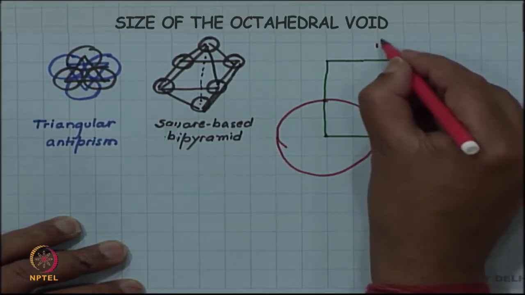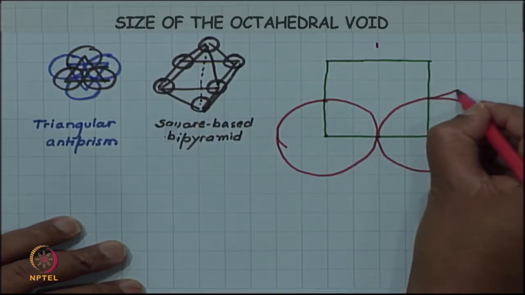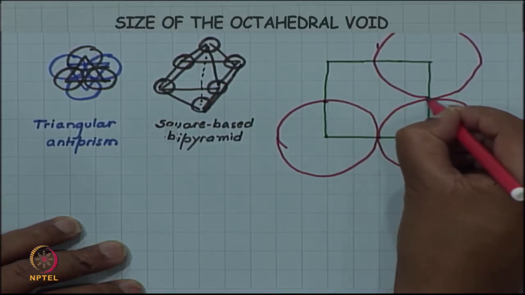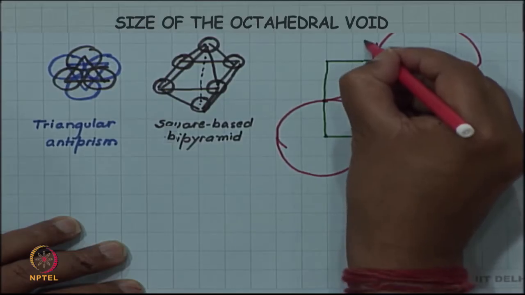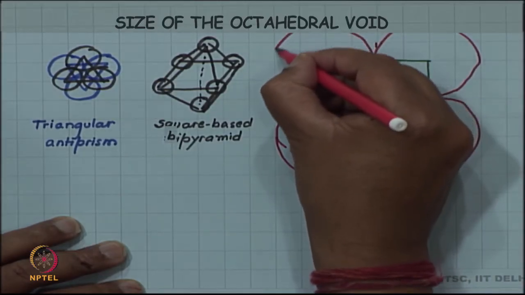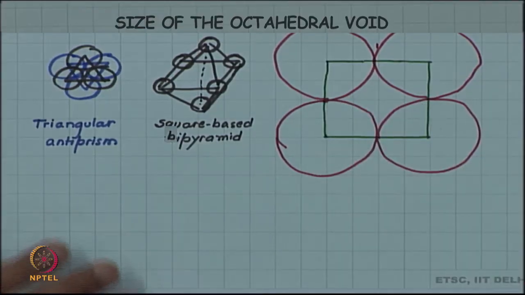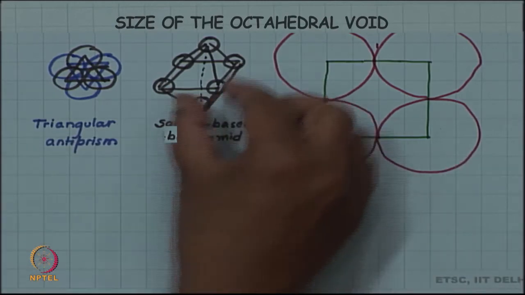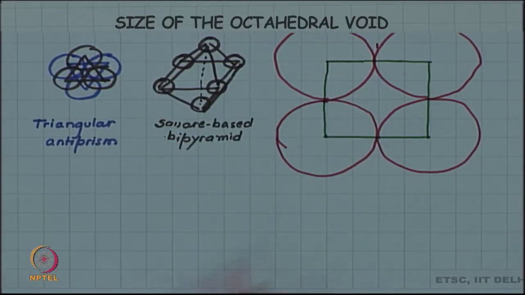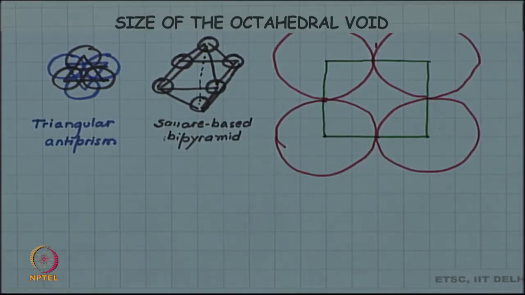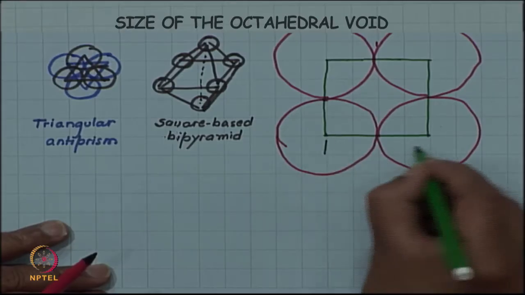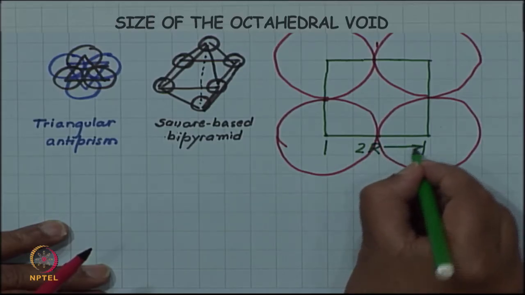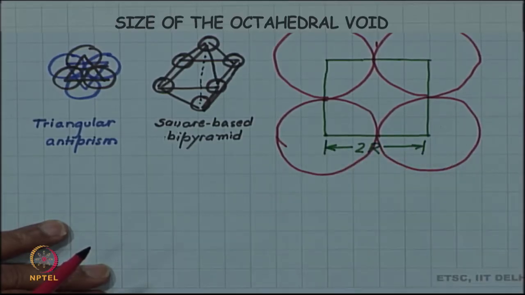I am trying to draw. These are the 4 spheres which are sitting on the corners of that square. I have shown them not touching for clarity, but actually they are touching. So, you can see that just like the edge length of the tetrahedron was 2 r, the edge length of the octahedron also is 2 r.